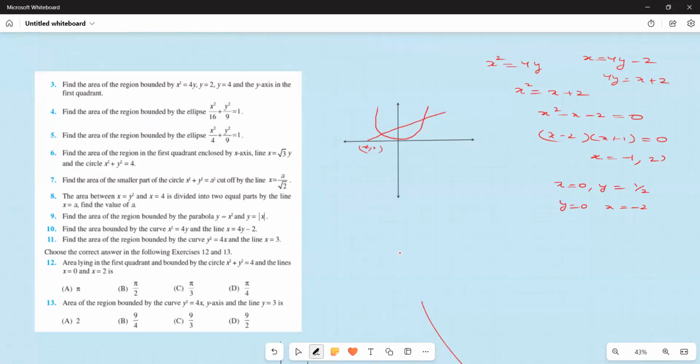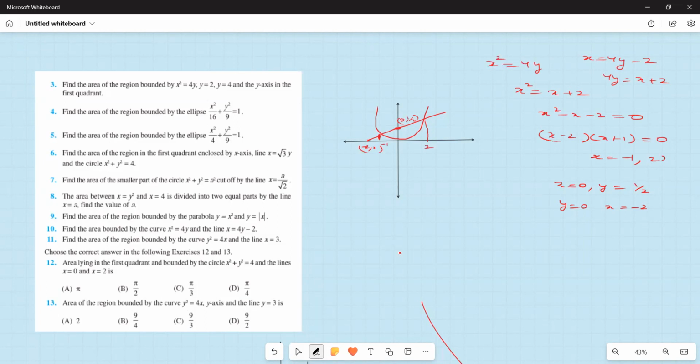And this point is 0, half. And here they are cutting. This point is minus 1, 0, and this point is 2.